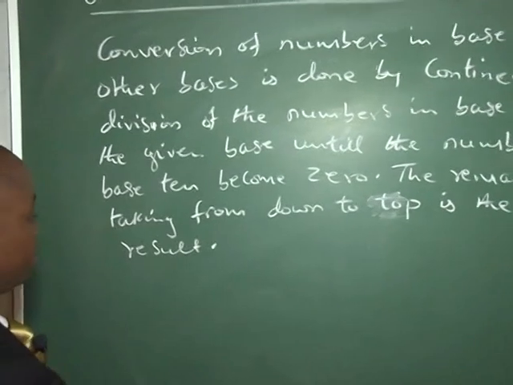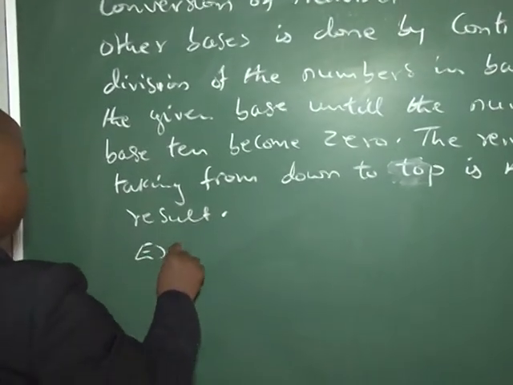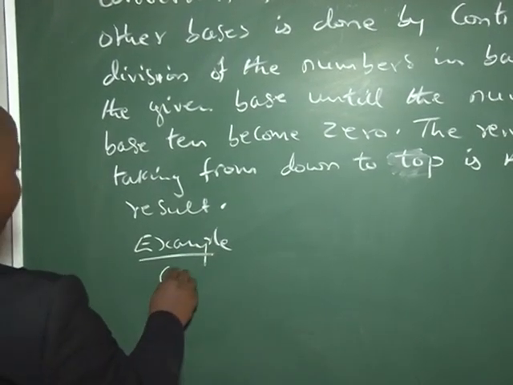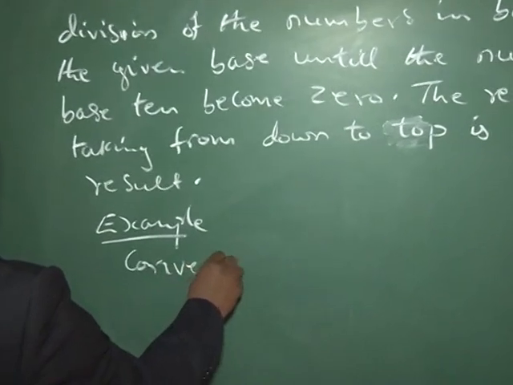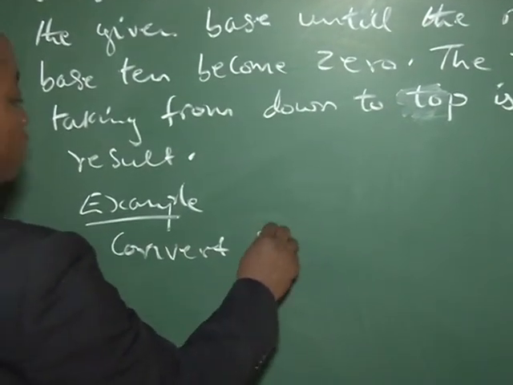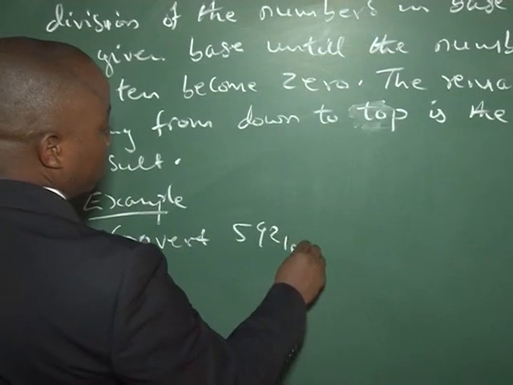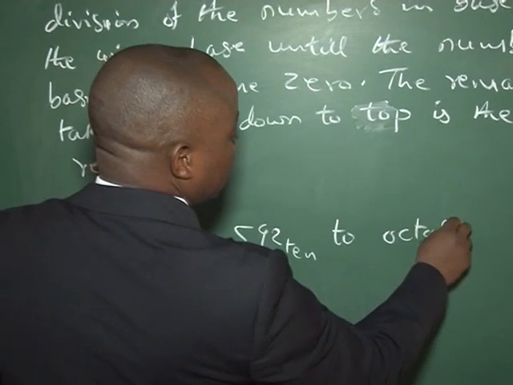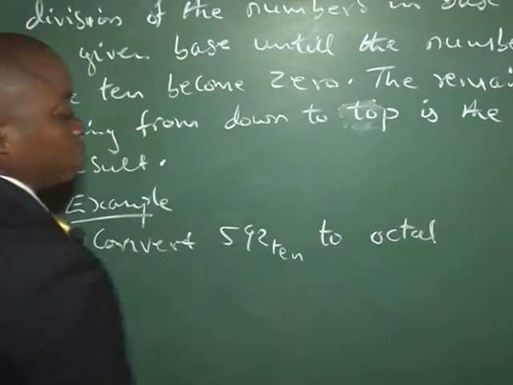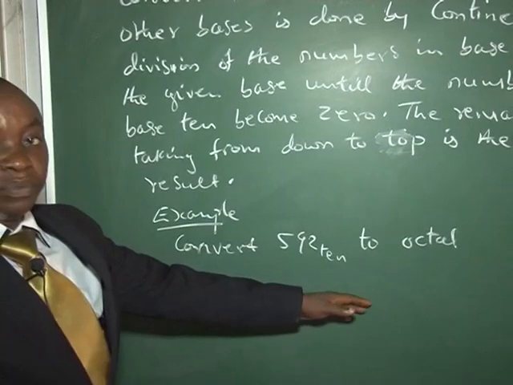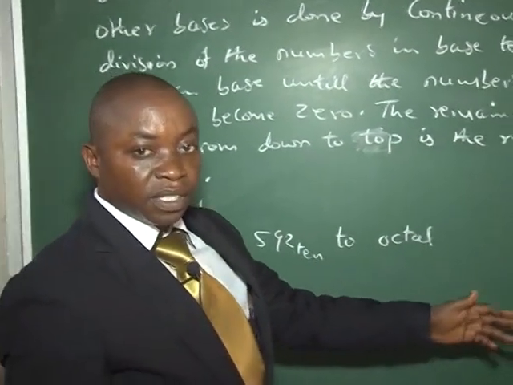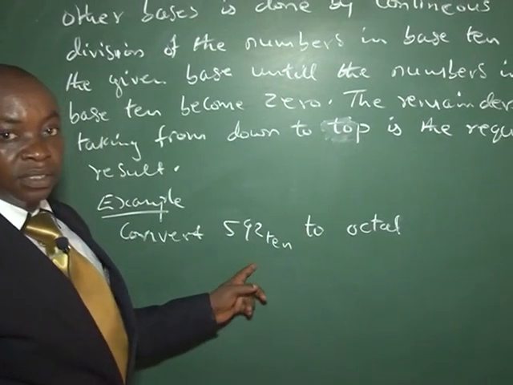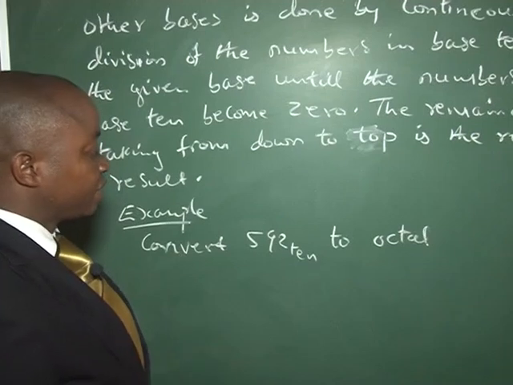Now, we are going to look at an example. Convert 592 base 10 to octal. Octal is base 8. Base 8 numbers are called octal. So we want to convert this to base 8.